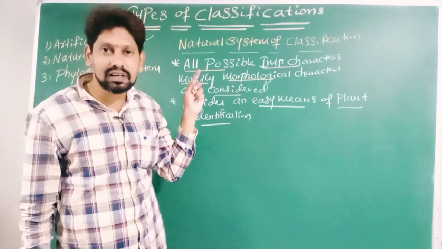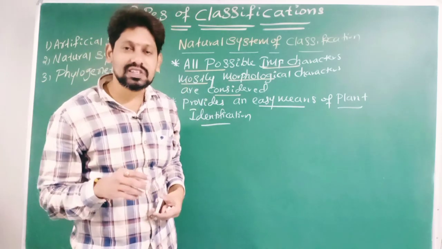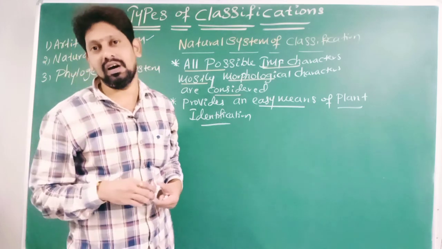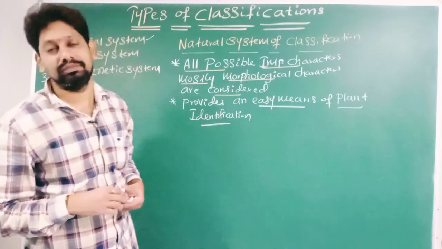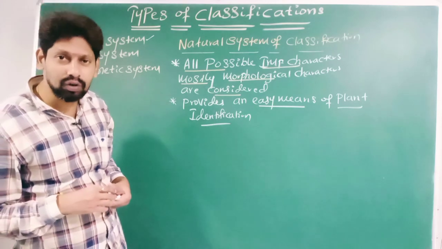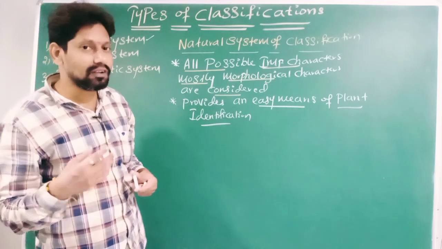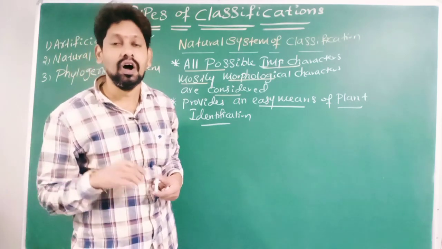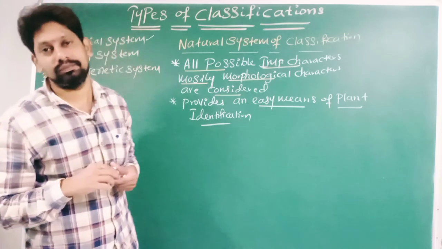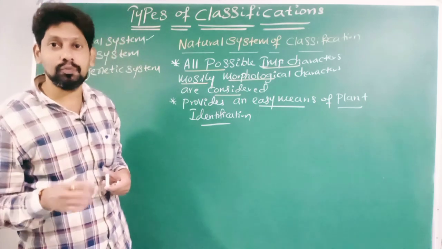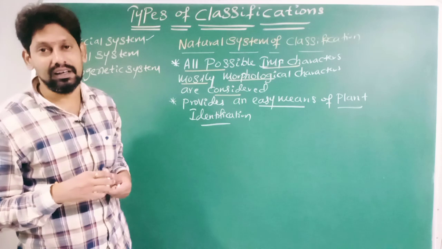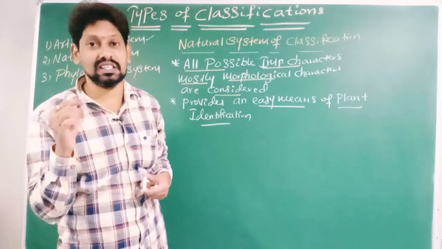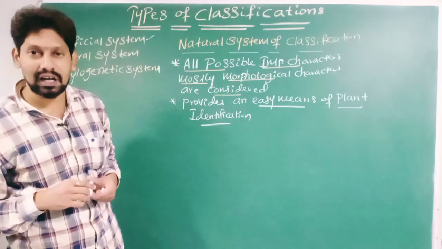In this natural system of classification, first plants are classified into a few number of large groups. The number of these large groups is few. Then these large groups are subdivided until the smallest group, such as species, is attained.